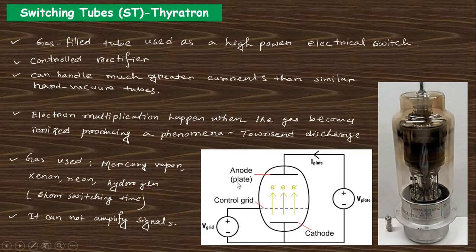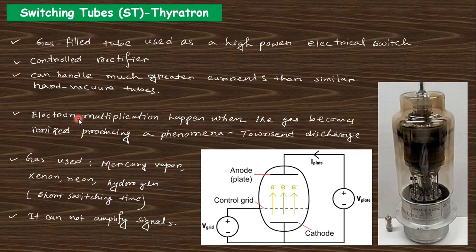Clear? And if you want to know about the switching tube, this is actually a vacuum tube that is used for high power switching. Okay, and a controlled rectifier can handle much greater current than the similar hard vacuum tube.